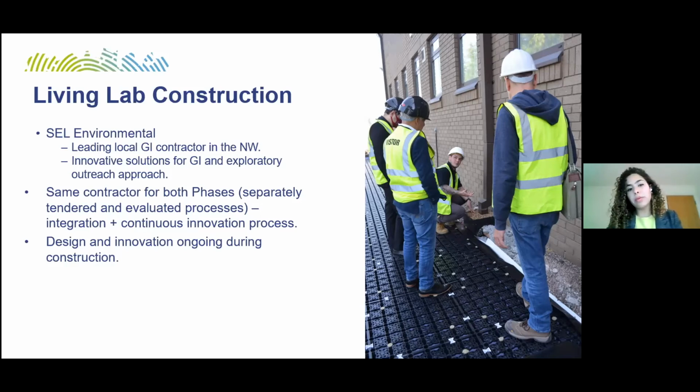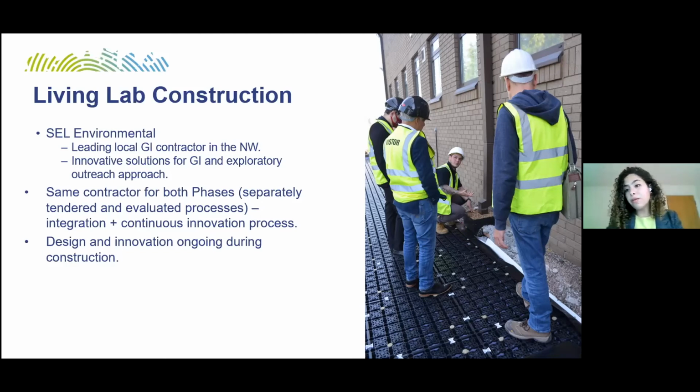The other part was making sure that the assigned contractor was quite flexible with the designs, making sure that we had a conversation ongoing with the university, with the contractor, and with the partners. So that has been kept quite frequent alongside the construction.